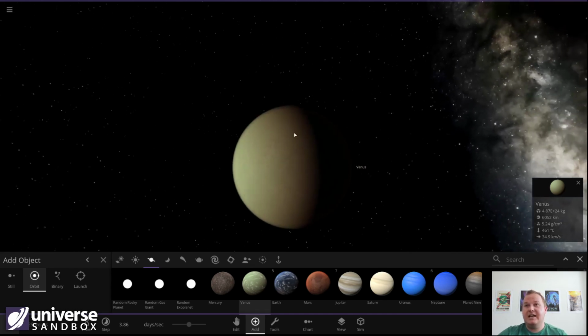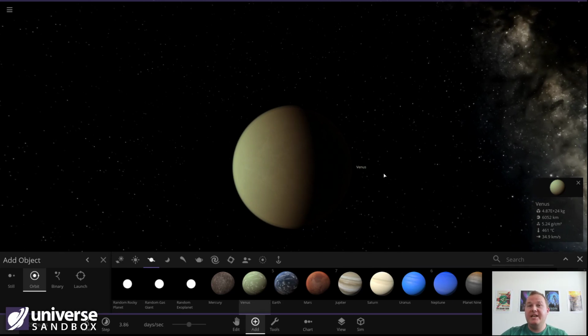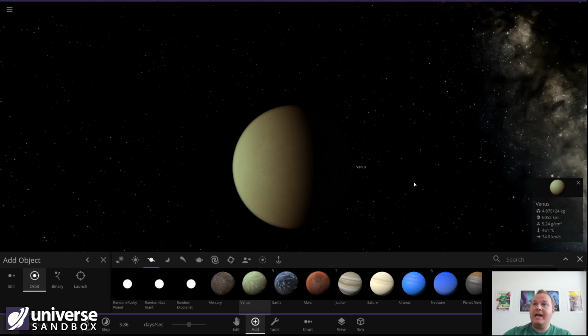Well, Venus has clouds, right? It's got really thick clouds made of carbon dioxide. And so Venus traps all that heat from the sun. On a normal day, you can already see the average temperature of Venus over here, about 461 degrees Celsius, really, really hot.